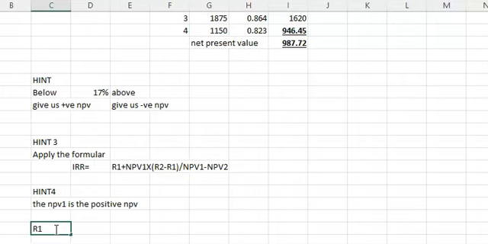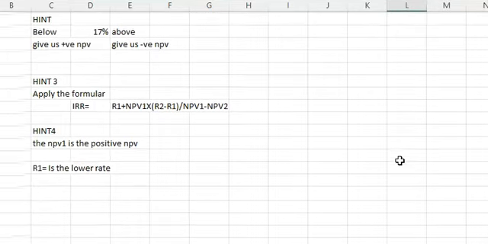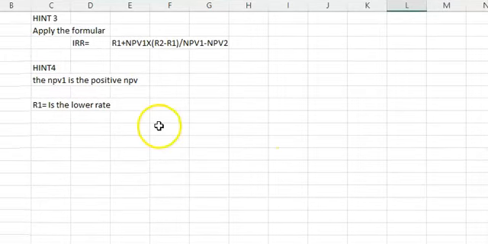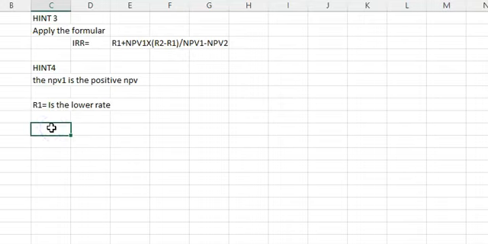What is R1? R1 is the lower rate. So the lower rate is R1. You even see that the lower rate is the one that gives you a positive NPV. That's why it is R1. And then we have R2.